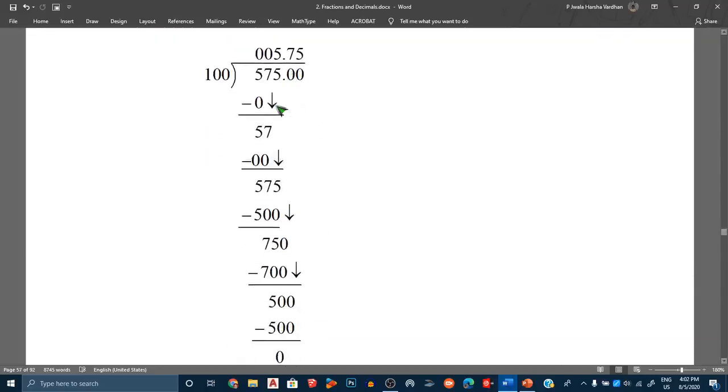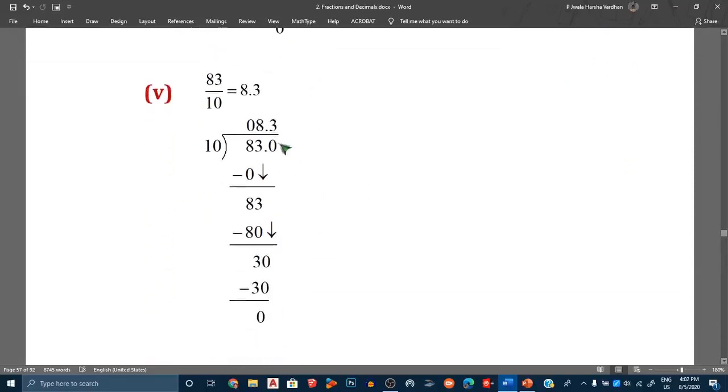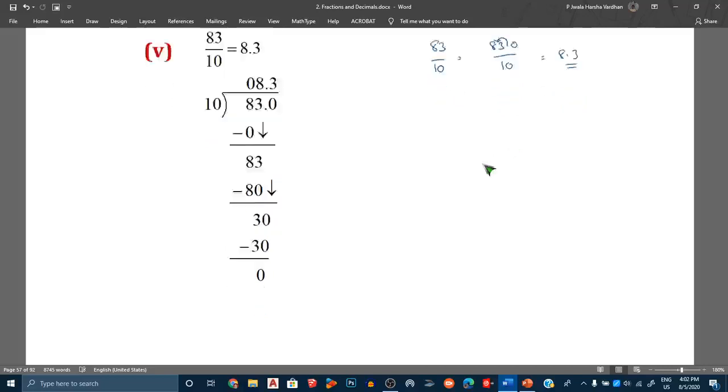You can do this by dividing also, and you will get the same answer, but it is not necessary to divide 83 by 10 like this. 83 by 10 is nothing but 8.3. Simply shift this point to the left side. 83 by 10 is actually 83.0 by 10. You shift this point, leaving one digit, so that becomes 8.3.